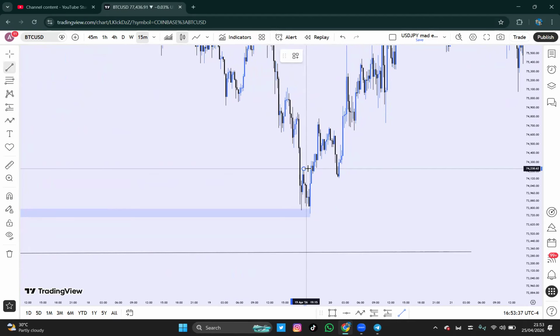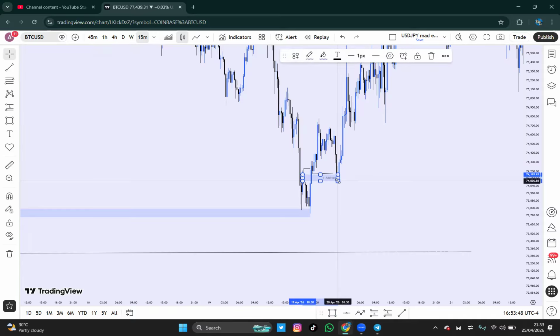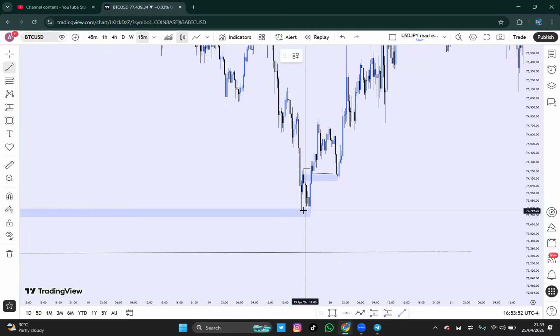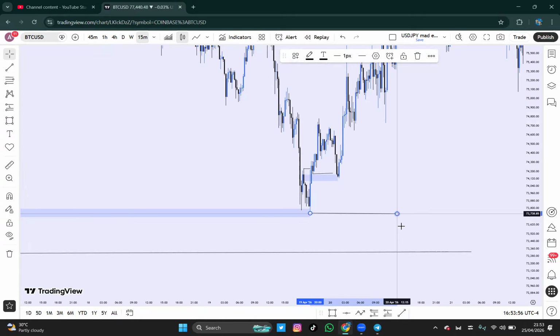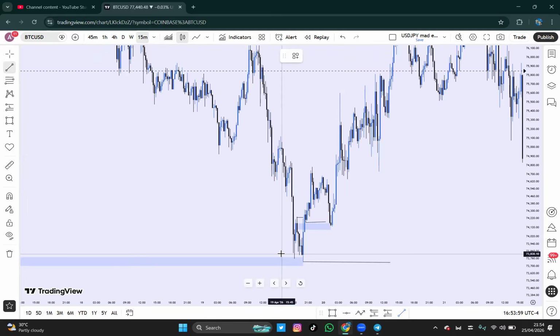You can see market structure shift, first pullback inducement, right? So remember, this level is a protected low in the market. Why? Liquidity has been taken out from that side.